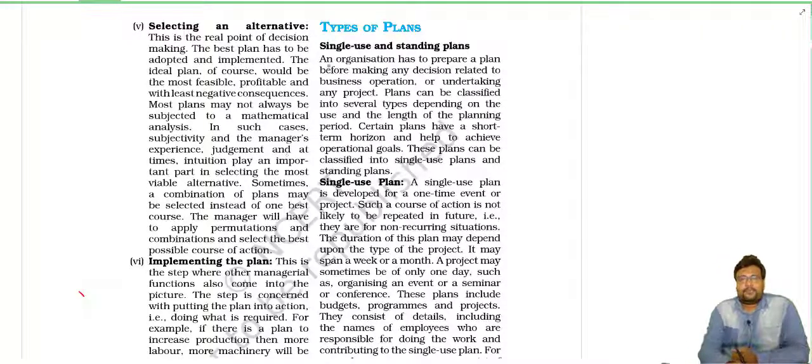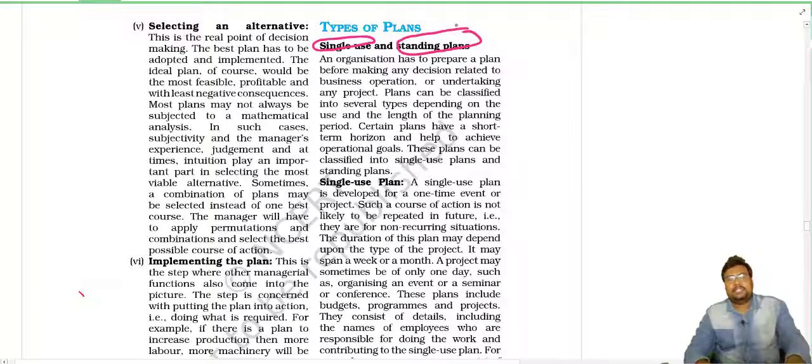So the first one is very simple: single use and standing plan. By the name itself you can understand. Single use will be used one time, and a standing plan will be used on a repeated basis.